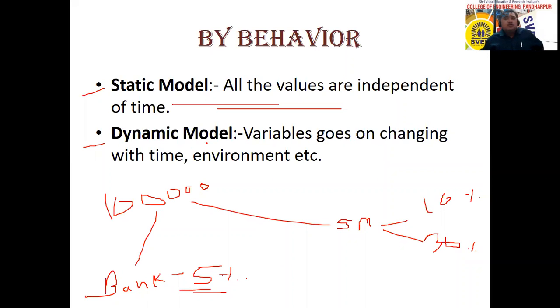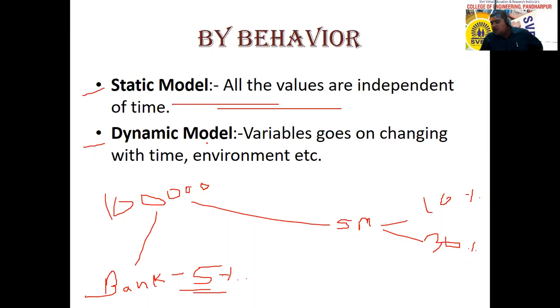So by behavior, time is again an important factor because time does not remain constant. Time is always going to change. With this change in time, we look at whether the variables in the model are going to change or not. If the variables are going to change, definitely it has an impact on the output.